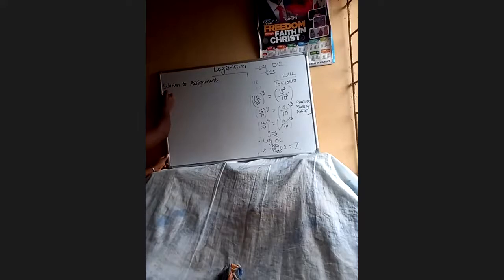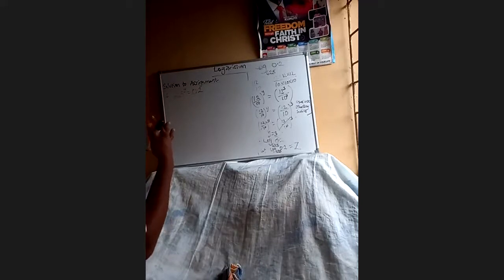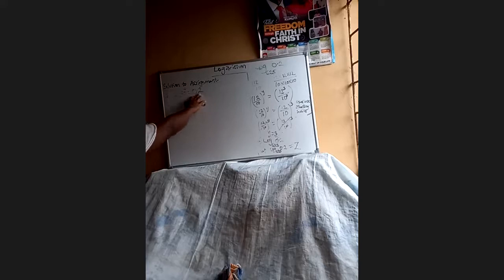So when we write this out in index form, 625 raised to z is equal to 0.2. So when we look at 625 and 0.2, let's rewrite 0.2 in fractional form, taking it away from decimal form.